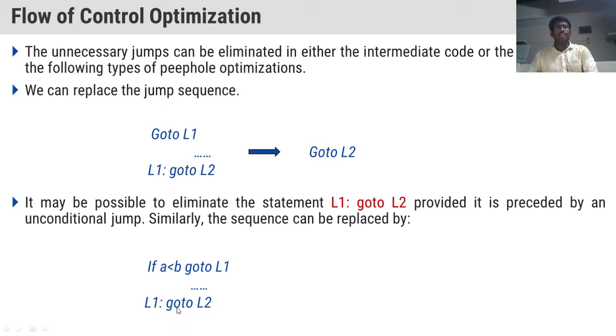This is also an unnecessary jump. Instead, I can write: if A less than B, go to L2. This is called flow of control optimization.